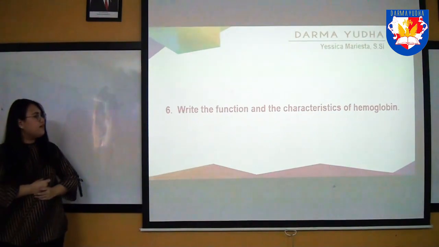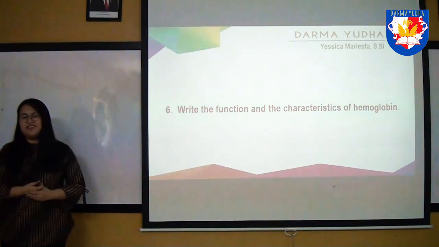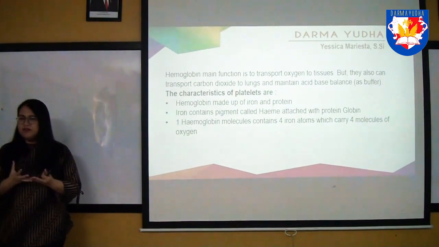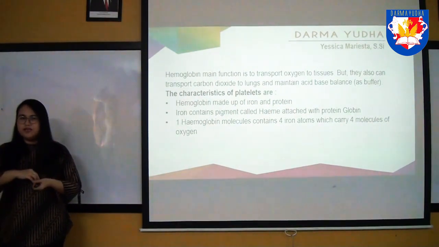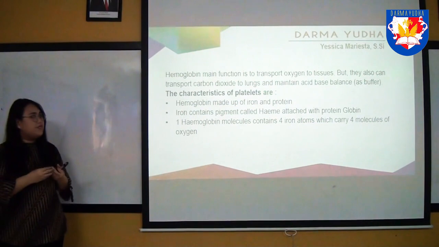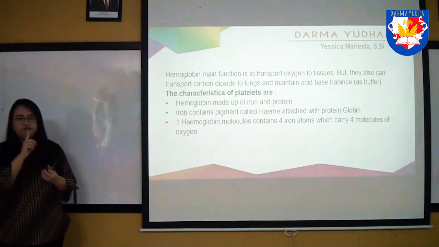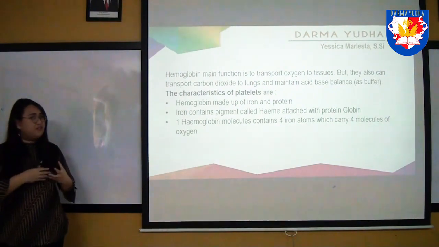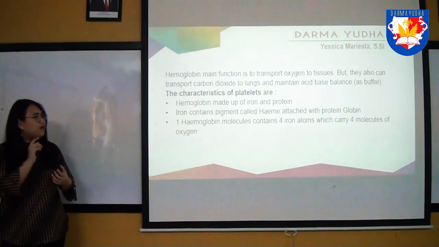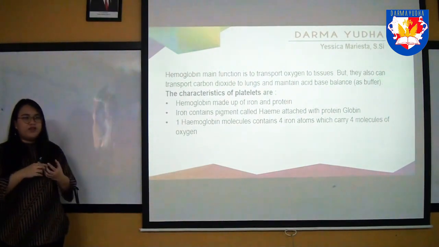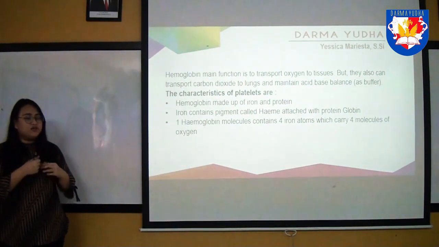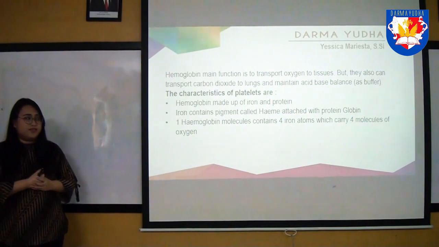The sixth, write the functions and the characteristics of hemoglobin. Like I have said before, hemoglobin is the red pigment, and it contains iron and globins. The main function of hemoglobin is to carry oxygen, but it is also used to carry carbon dioxide.